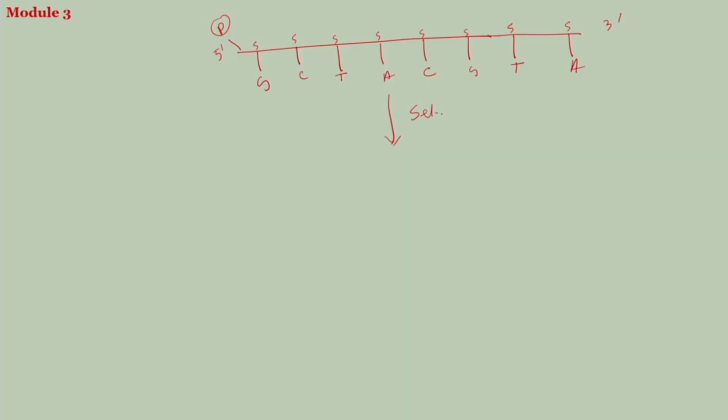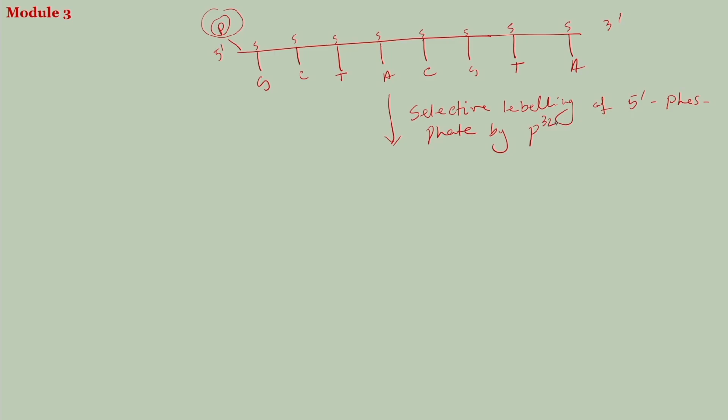So, we also will need a labeling here as well, and that is the first step that is being done, that selective labeling of this 5' phosphate by P32.